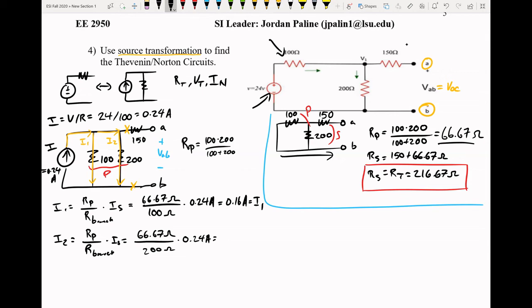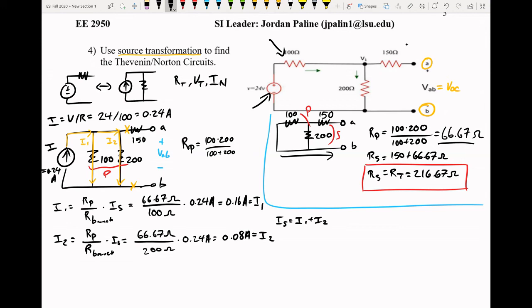And that should give us 0.08 amps for I2. Or likewise, you could do I of S is equal to I of 1 plus I of 2. You'll get the same result.